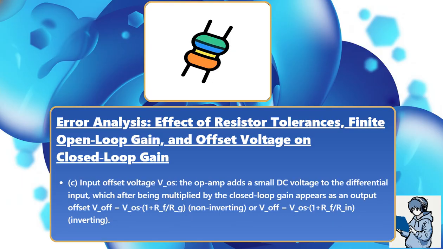C. Input offset voltage V_OS. The op-amp adds a small DC voltage to the differential input, which after being multiplied by the closed-loop gain appears as an output offset. V_off equals V_OS times (1 plus R_F over R_G) for non-inverting, or V_off equals V_OS times (1 plus R_F over R_in) for inverting.